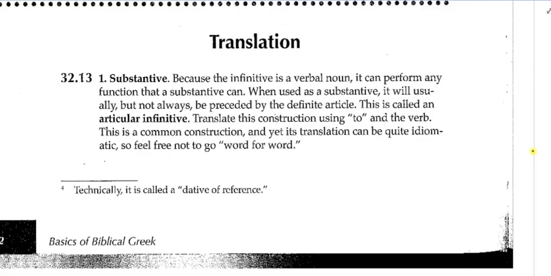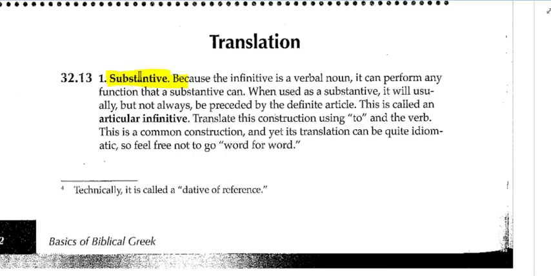All right, so Mounce walks through several ways or constructions in which we will see the infinitive used in Greek. The first kind of example he gives is the infinitive functioning as a substantive. What that basically means is that since the infinitive is a verbal noun, you can see it functioning the way a noun functions. It could be, for example, functioning as a subject noun, right?